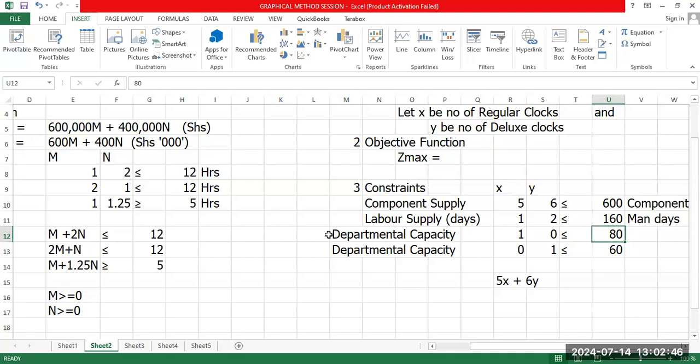In short, the departmental capacity I'm showing here is to help me to formulate inequality corresponding to regular crop separately. I cannot mix because I don't have the overall.